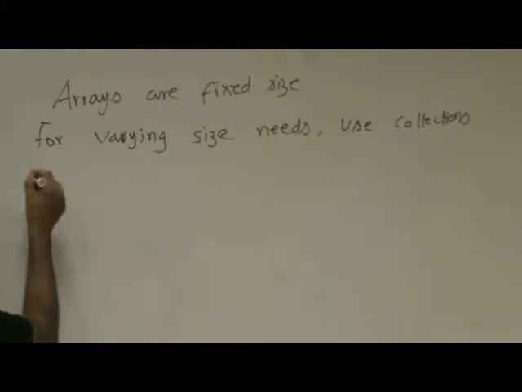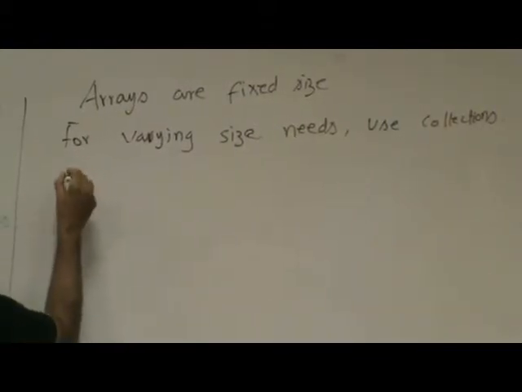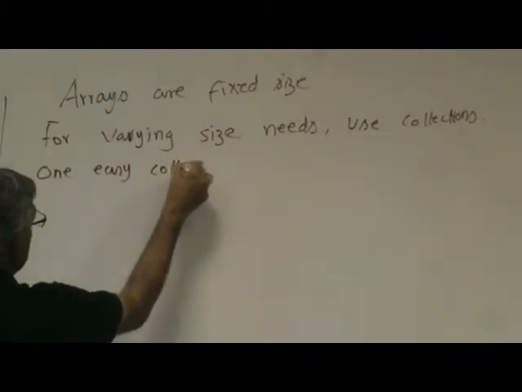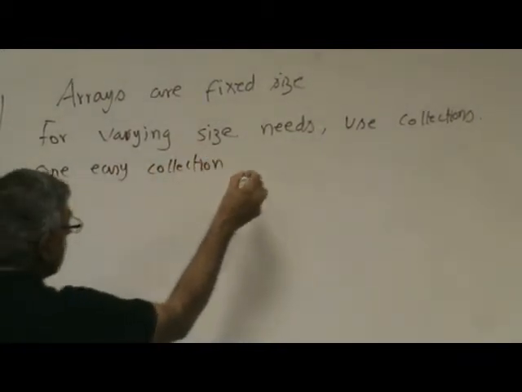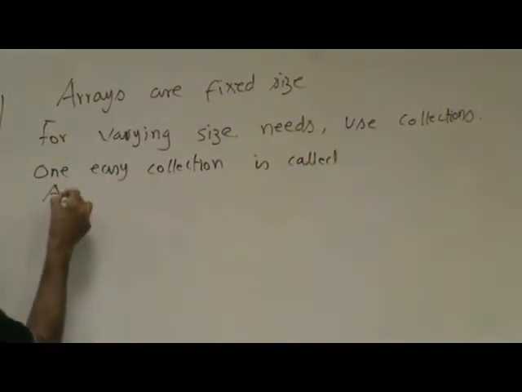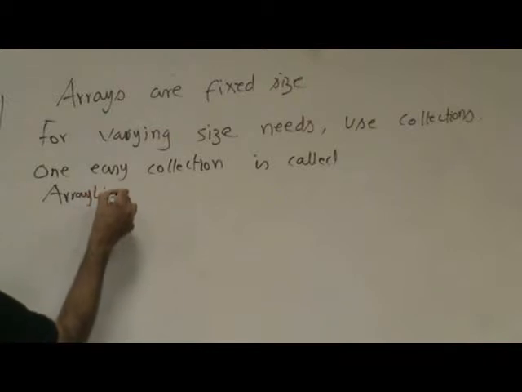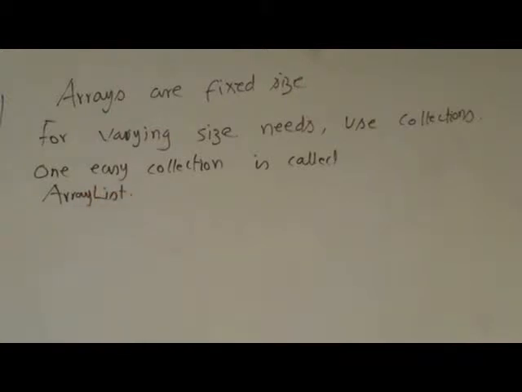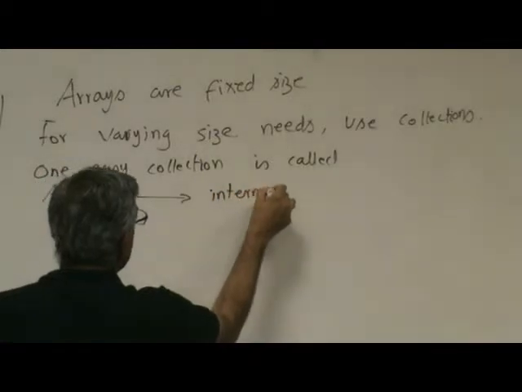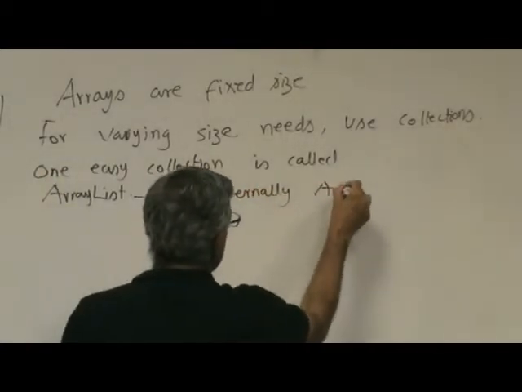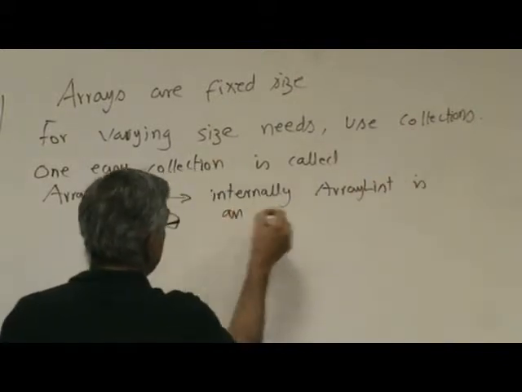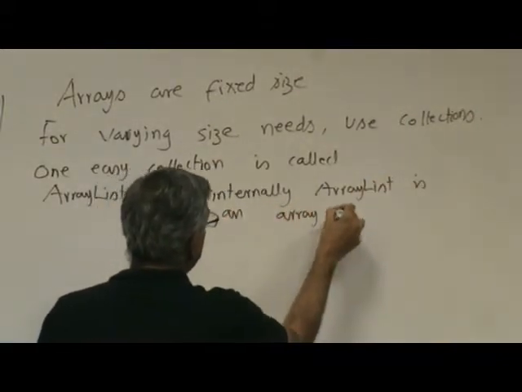The very simple, basic collection, as we discussed in the last lecture, is called ArrayList. Internally, ArrayList is basically an array of objects.